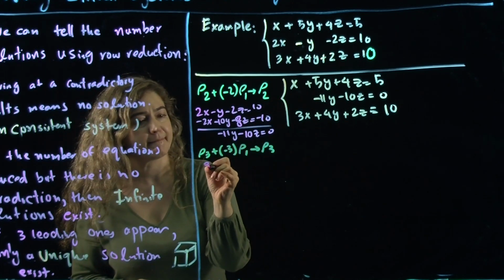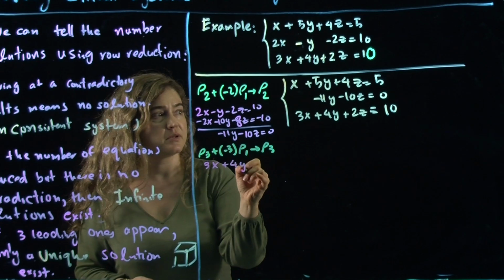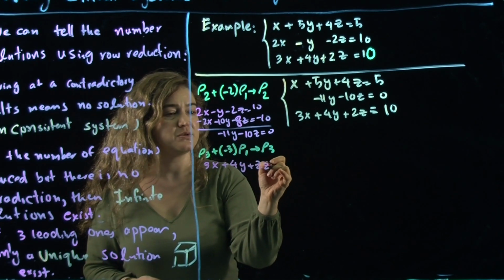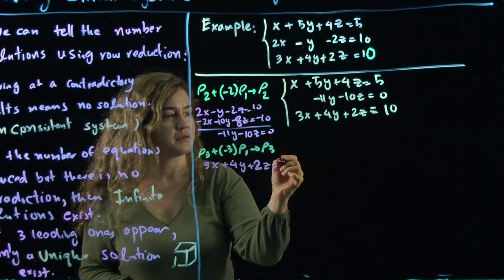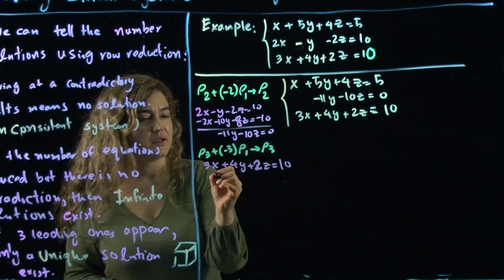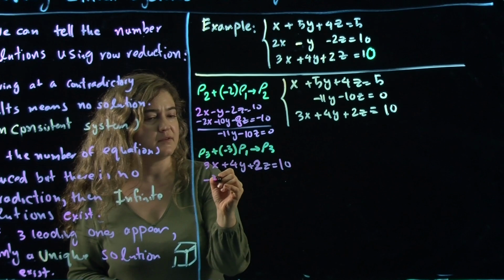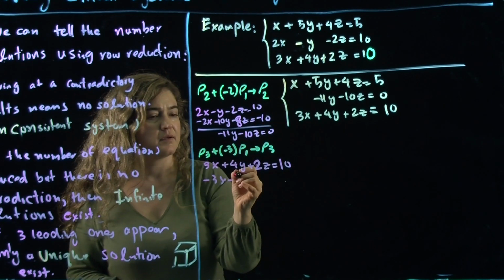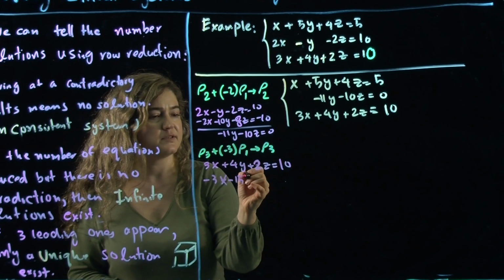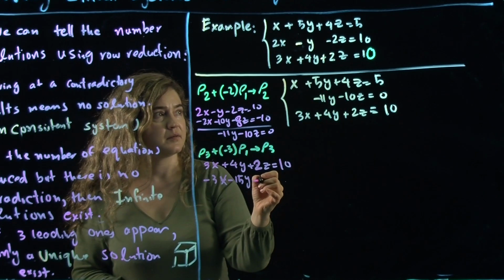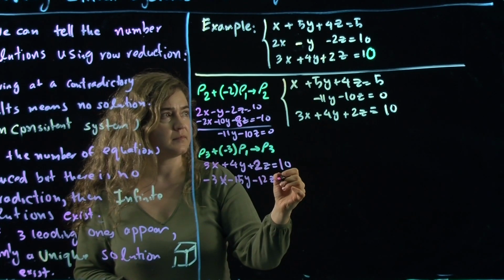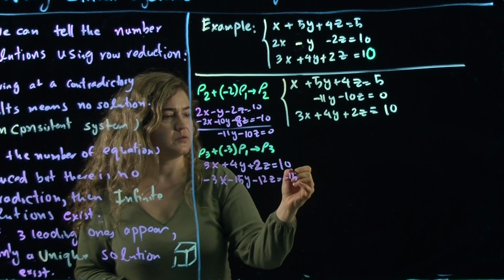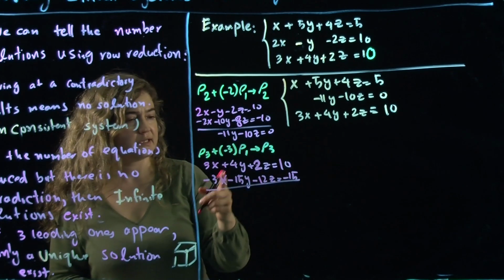That is 3x plus 4y plus 2z and negative 3x minus 15y minus 12z equal to negative 15.